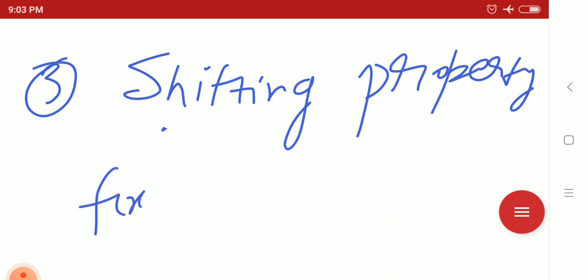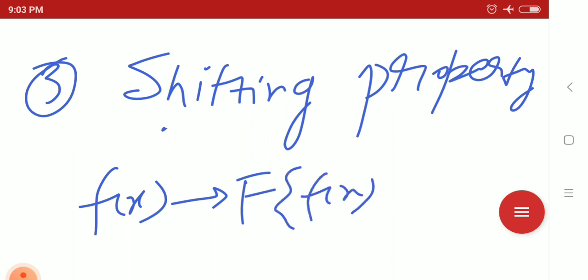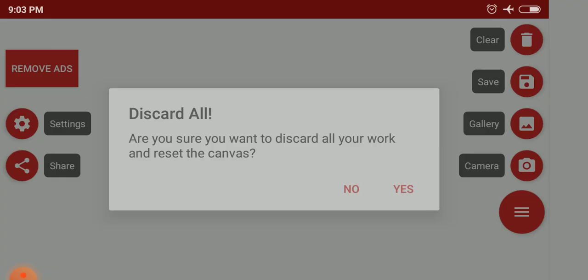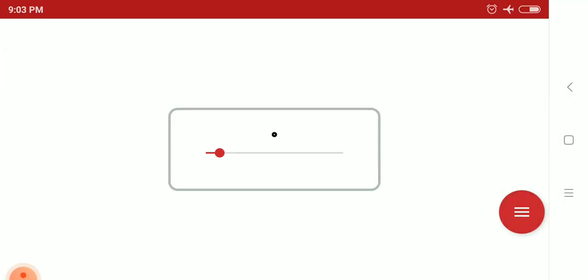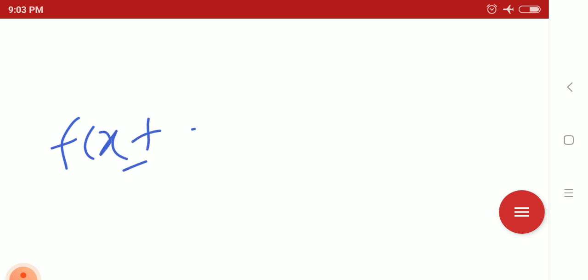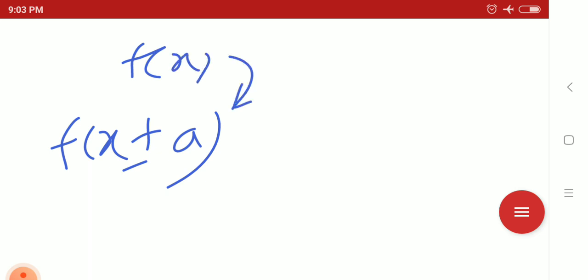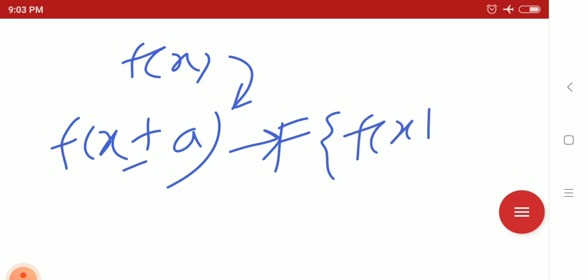If we have a function f of x such that the Fourier transformation of the function is f of k, what will be the Fourier transformation if the function f of x is changed to f of x plus or minus a?